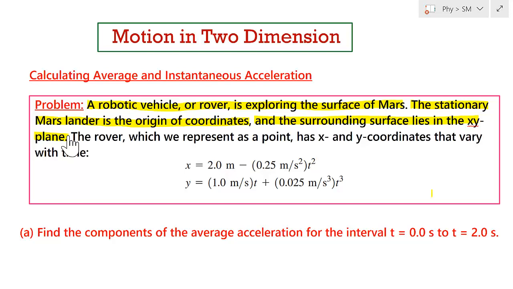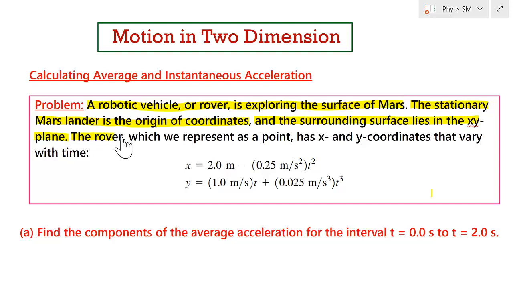This robotic vehicle is moving on a plane surface, that is, motion is in two dimensions, and the origin of coordinates lies with the lander. So this stationary Mars lander is the origin of this system. The rover is moving in a two-dimensional plane, particularly the XY plane.